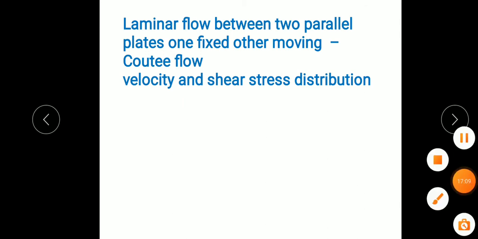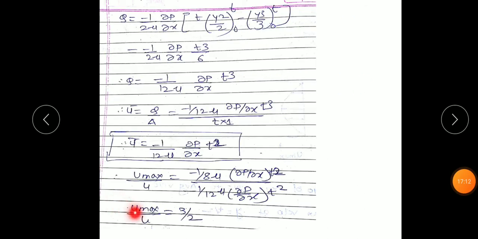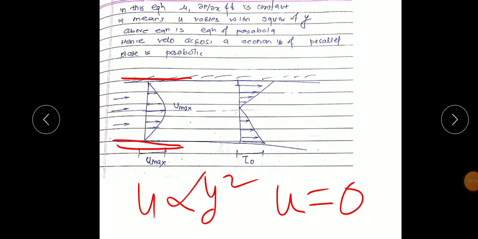So this is the important equation we have considered, the velocity variation distribution for flow through two fixed parallel plates, where the moving velocity of the fluid is constant.